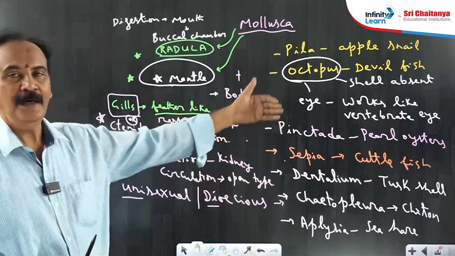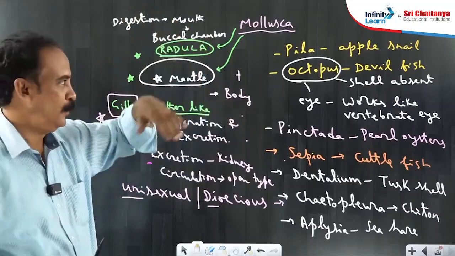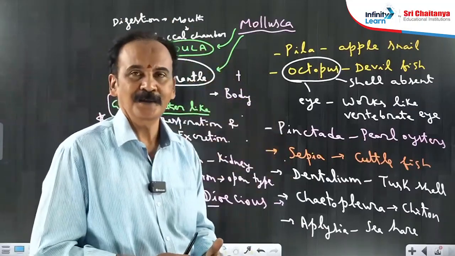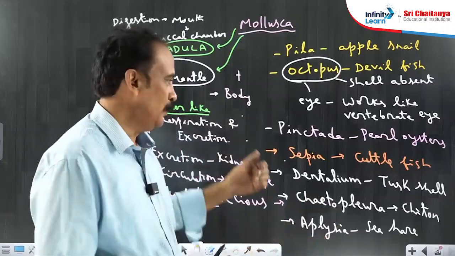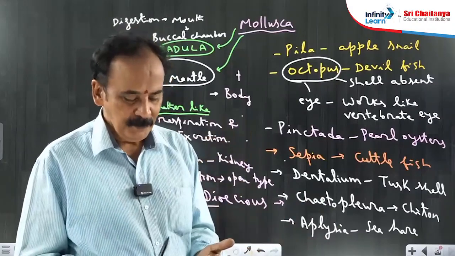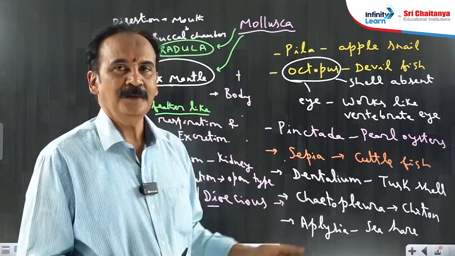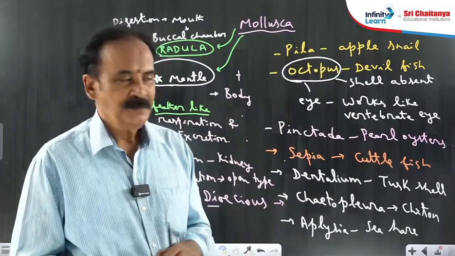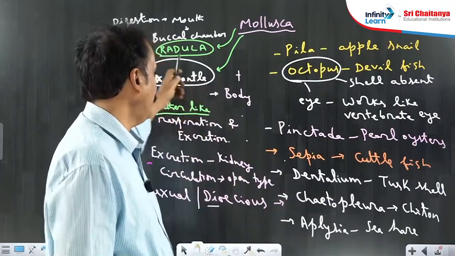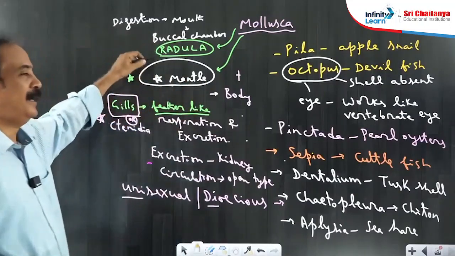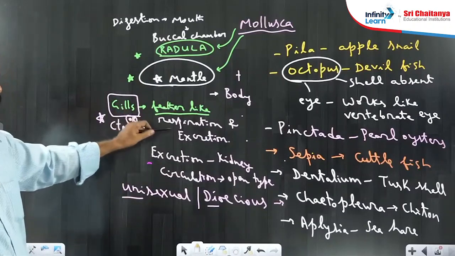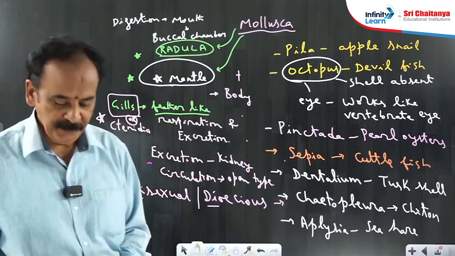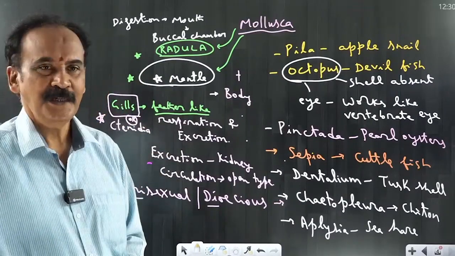Arthropoda is special by being the largest phylum, along with development of chitinous skeleton and jointed appendages, along with specialized respiratory and excretory structures and sense organs. Mollusca is special by having radula and mantle being unique, and gills helping in both respiration and excretion, right?